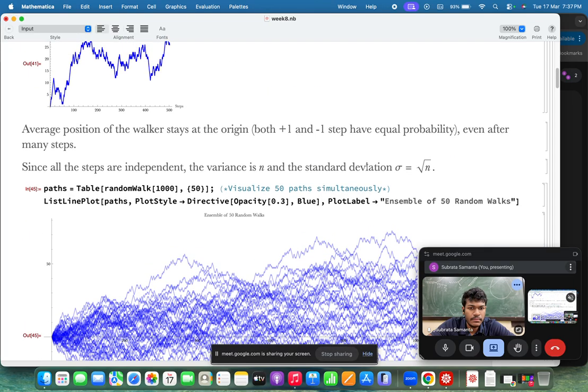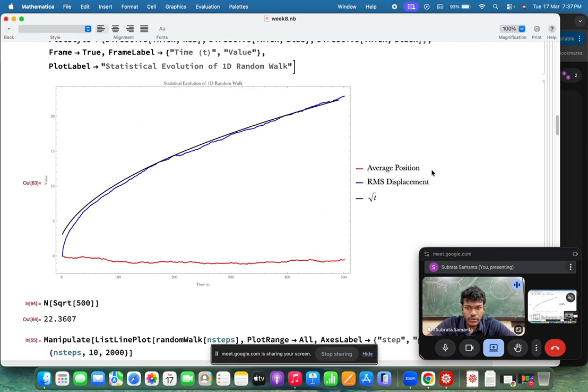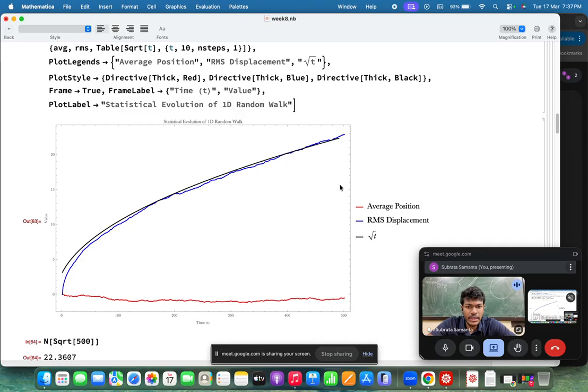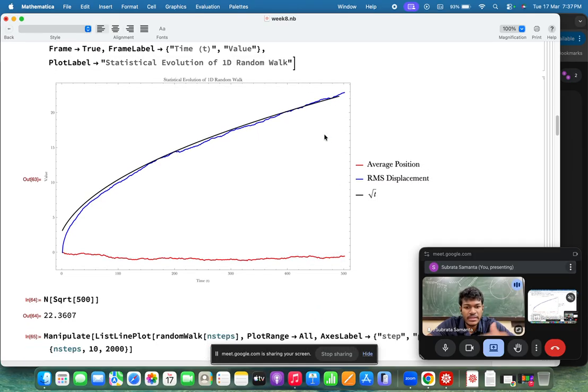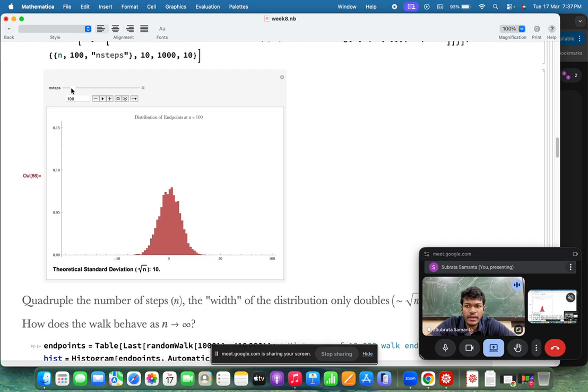So, the standard deviation increases at the square root of n. You also see here, as time goes on, the spread increases. If you just increase, let us say, 10 to 190, you see the spreading.